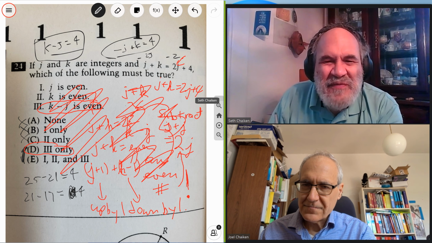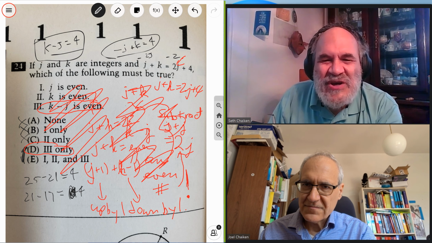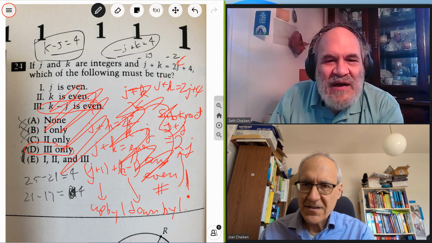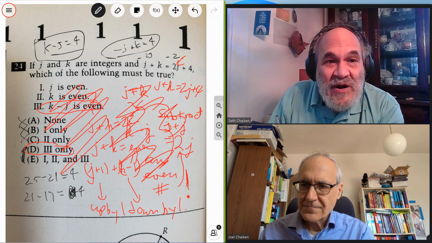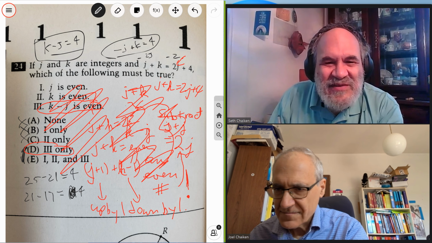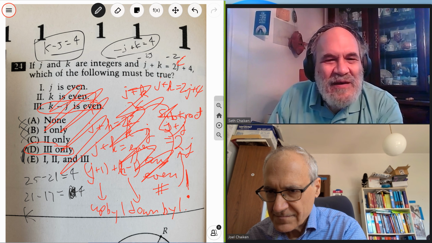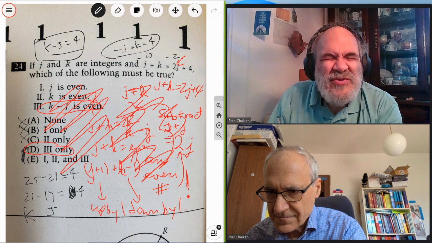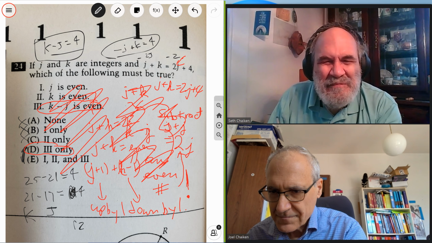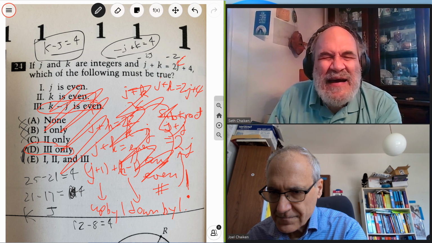So you could simplify this by subtracting 2J from both sides. That's right. And you get, therefore, minus J plus K equals 4, which in terms of parity is just like adding.